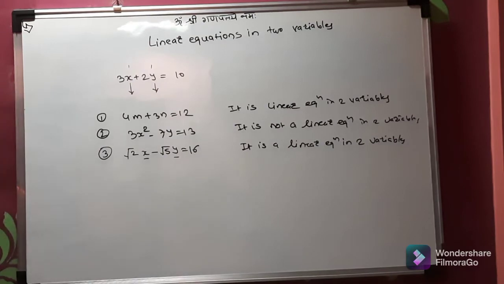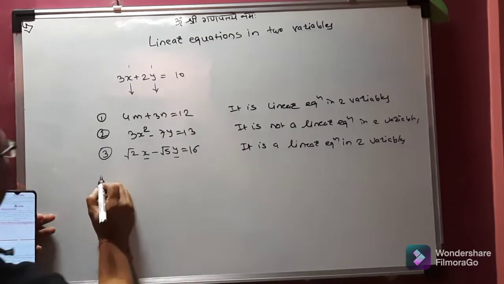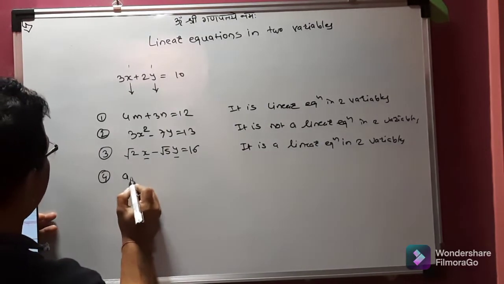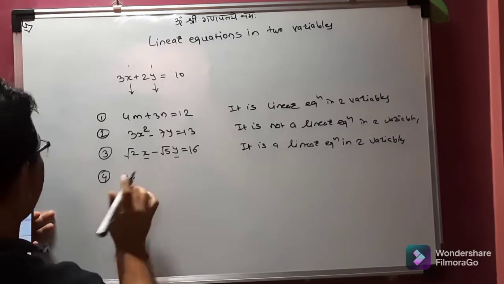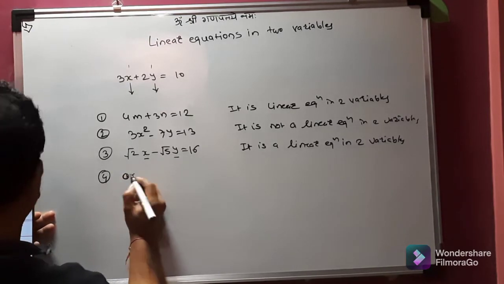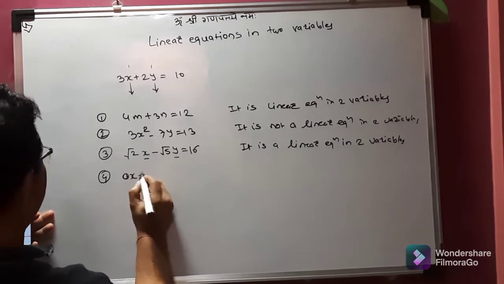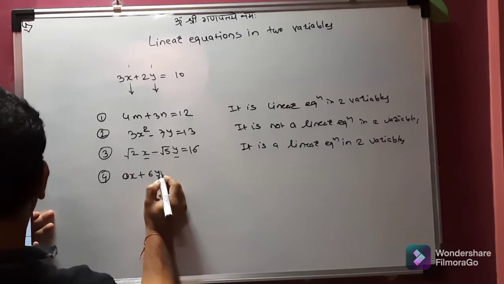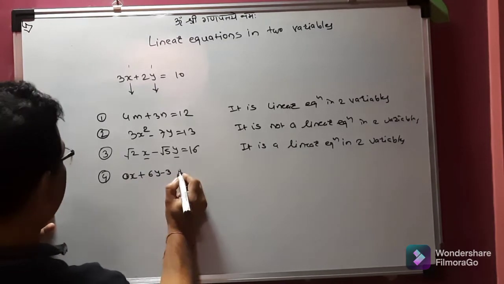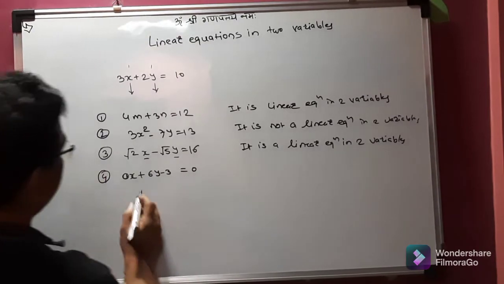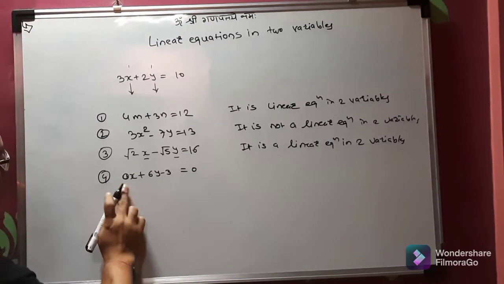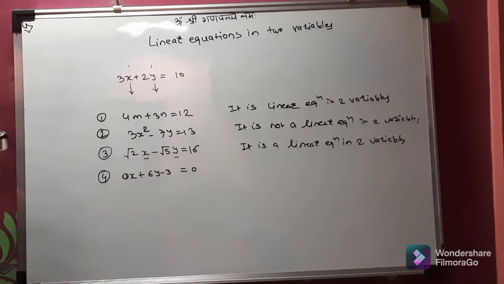Now the fourth one. What have they written? They have written 0x plus 6y minus 3 is equal to 0. Here 0x means the answer will be 0.